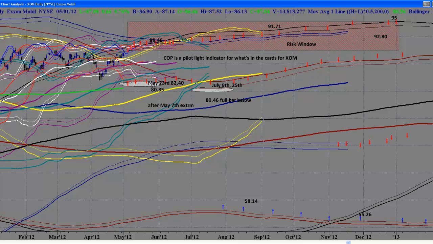In the event that we don't break these levels, from a trader's perspective, as you get closer towards the 88.46 to 91.71 to 92.80 area, those are the places where people who want to go short should be looking at their strategies to see if they have signals.